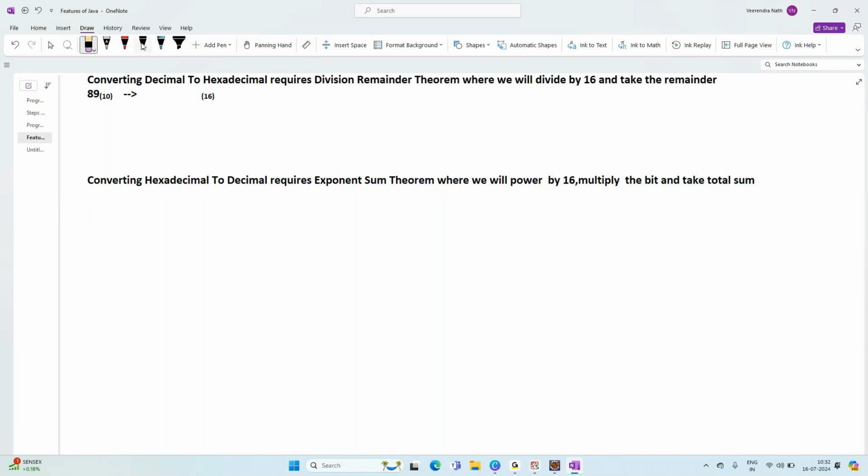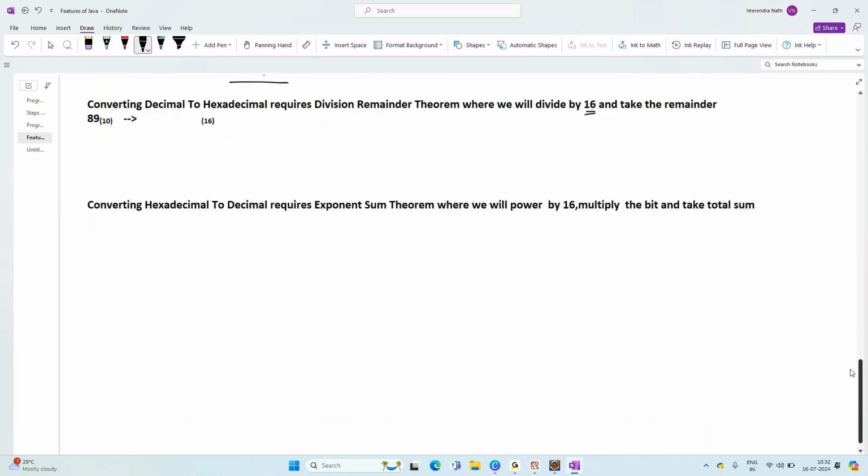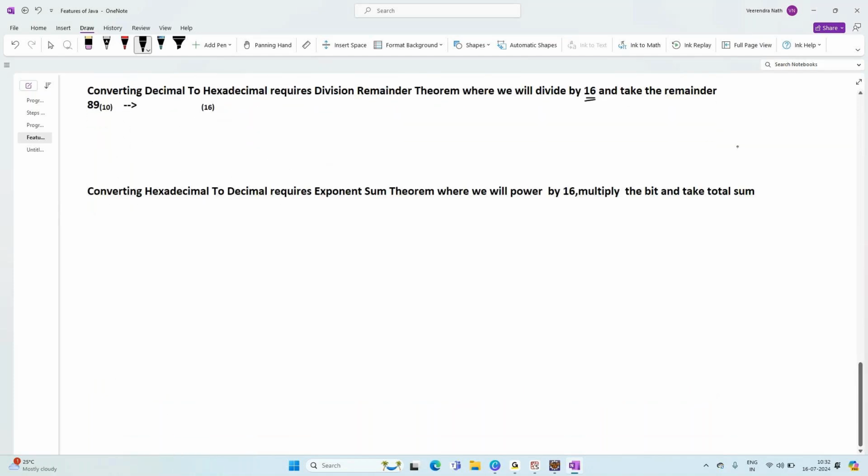Okay, so now 89 we need to convert into hexadecimal. Okay, so hexadecimal, if you have to convert, what you have to do? You have to divide by 16 and take the remainder. So what I'll do now? I will go for 89. So 16 5s are 80.